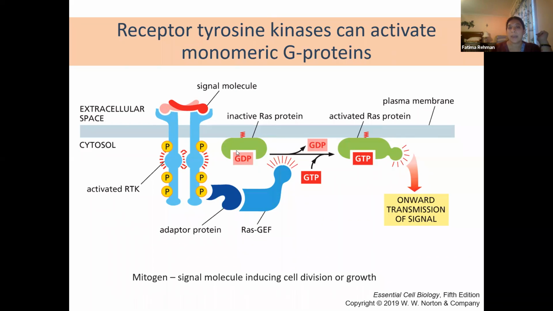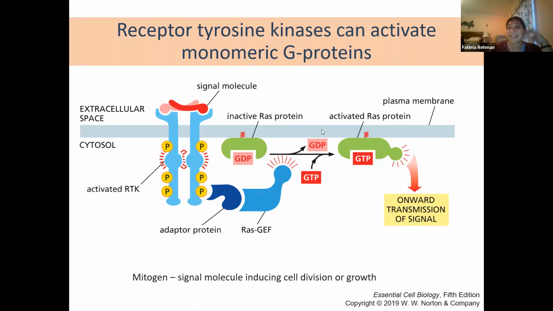So it is making the inactive RAS protein into an activated RAS protein. Now, this usually happens for growth factors. A lot of receptor tyrosine kinases are growth factor receptors, and they activate downstream growth factor related pathways.